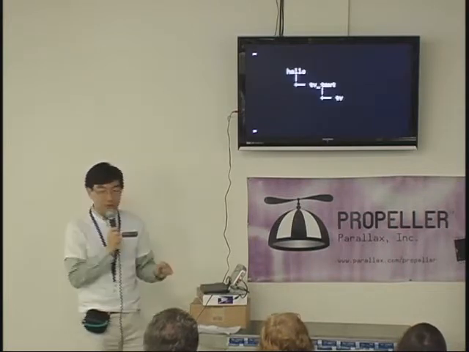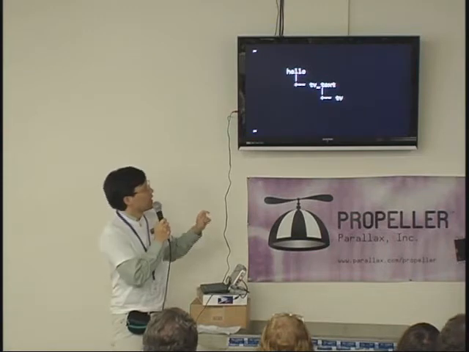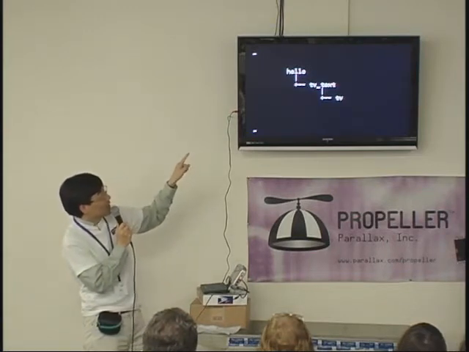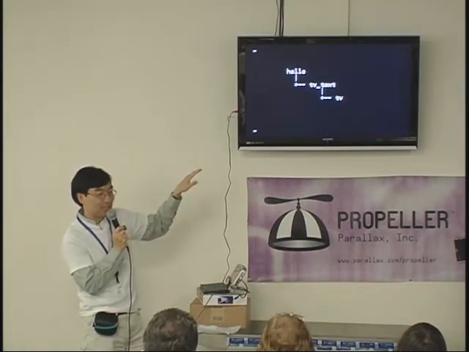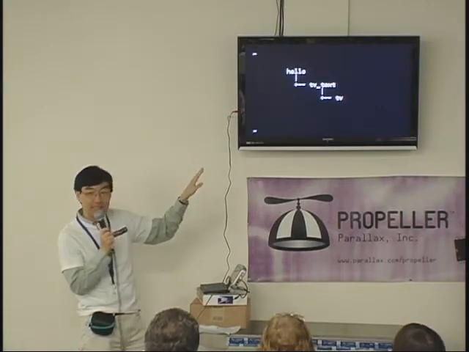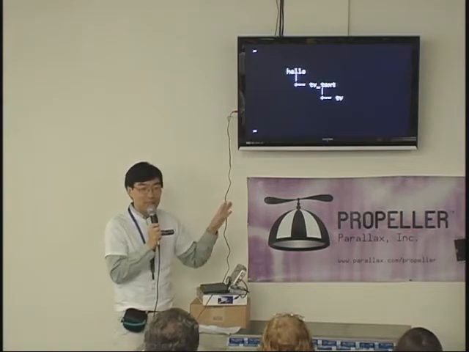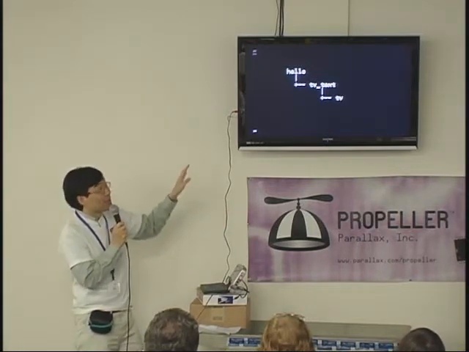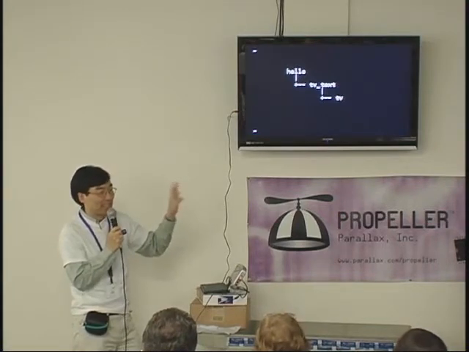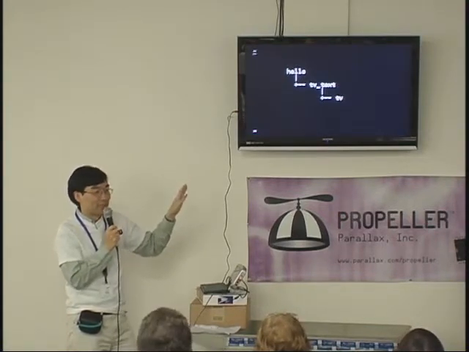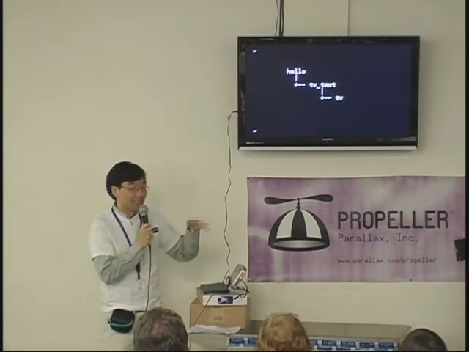Let us look at the structure of a typical hello world program. We have a top object, hello, which has a sub-object, TV text. And TV text in turn has a sub-object, TV. When a PC-based Spin compiler starts to compile hello, when it hits the OBJ section and sees that it has to read in TV text, it reads it in and starts compiling it.